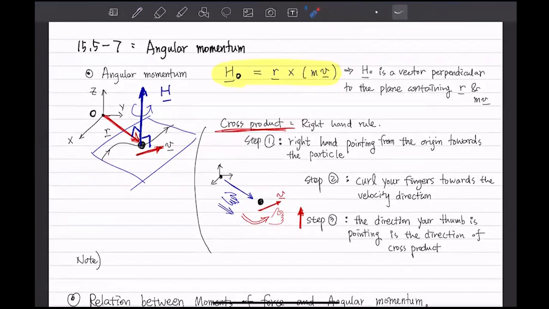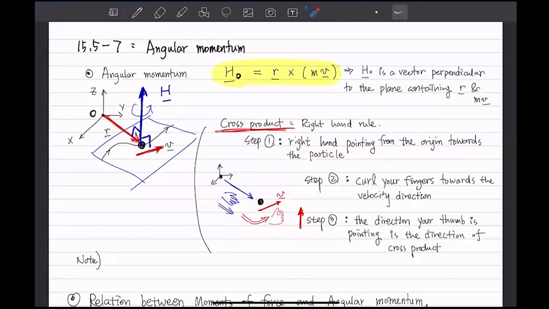So I drew a cartoon, and I hope this really helps. Step number one is your right hand should be pointing from the origin towards the particle. Your fingers are pointing from the origin to the particle.